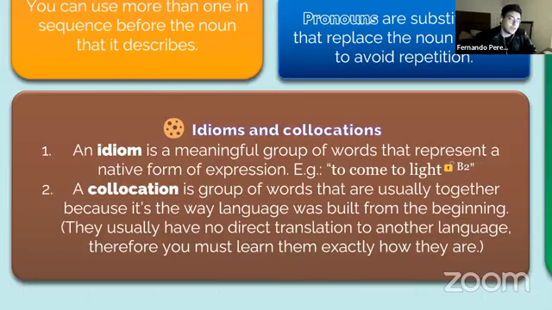Go directly to the WhatsApp group, and on the WhatsApp group, you will see a new note that says access to collocations. And you are going to click on the link according to the device that you have. If you have an Android, you're going to click on the second link. And if you have an iPhone, you're going to click on the first link.